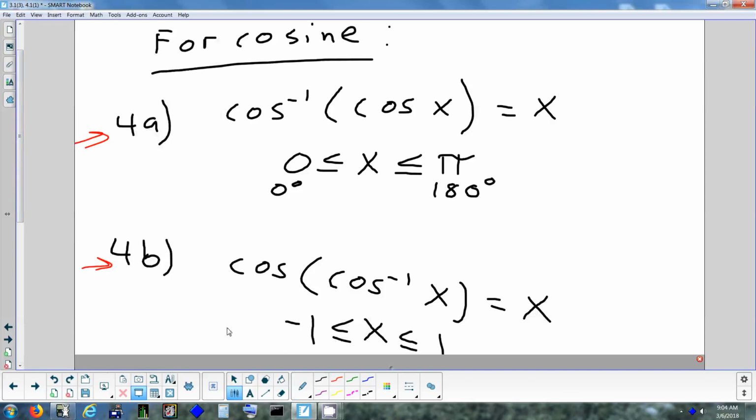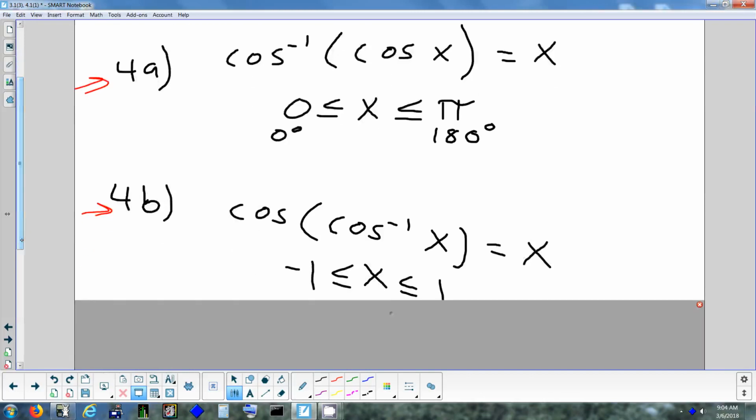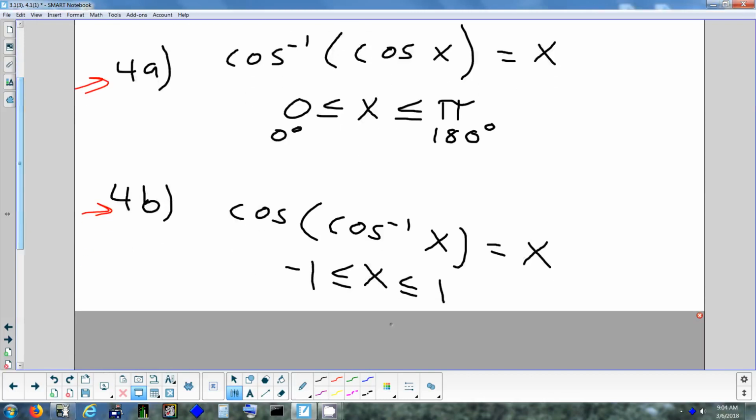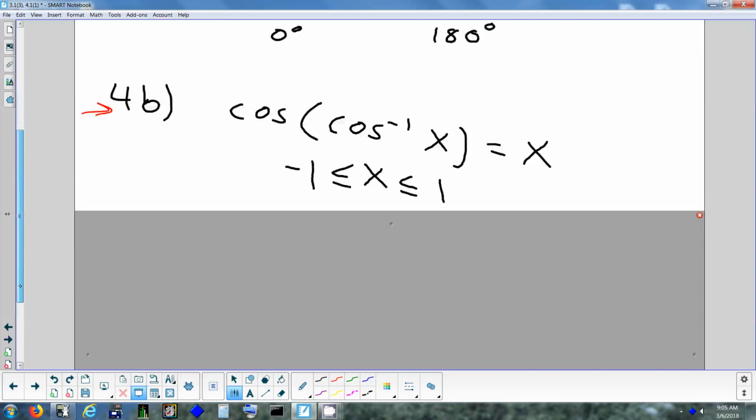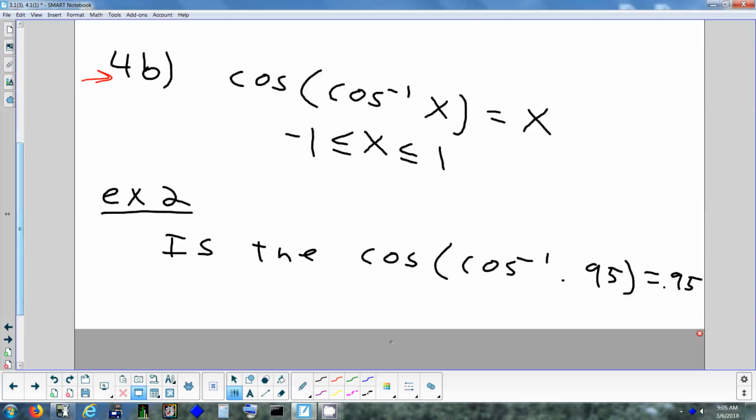Same restriction. So for the A formula, the restriction comes from the stuff we did yesterday. For the B formula, it's the highest and lowest that the graph would go. Okay, so we'll try just a couple examples of this one.